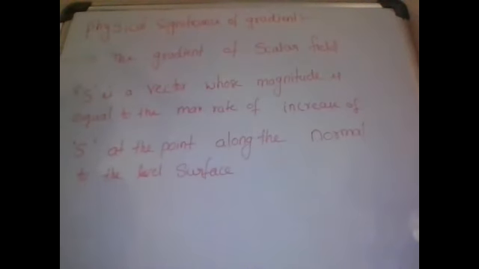So what is the second point? The gradient of scalar field S is a vector whose magnitude is equal to the maximum rate of increase of S at the point along the normal to the level surface. So this is the second point in the physical significance of gradient.